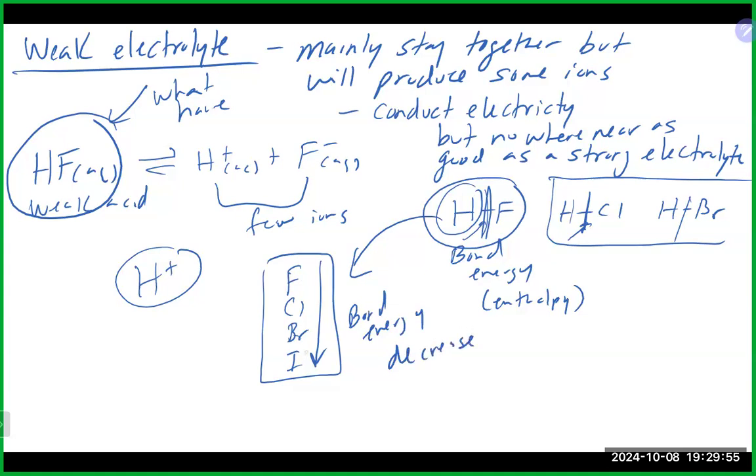And that's why actually, even though we always talk about hydrochloric acid as being like the strong acid, actually HI is a much stronger acid because it has a weaker bond energy, which means between HI and HCl, the HI hydrogen is going to come off a lot easier. So even though we always think of like HCl as the strong acid, which it is a strong acid, in terms of acid strength, it actually increases as you go down that group because of the bond energy. And that's the reason why for that one.